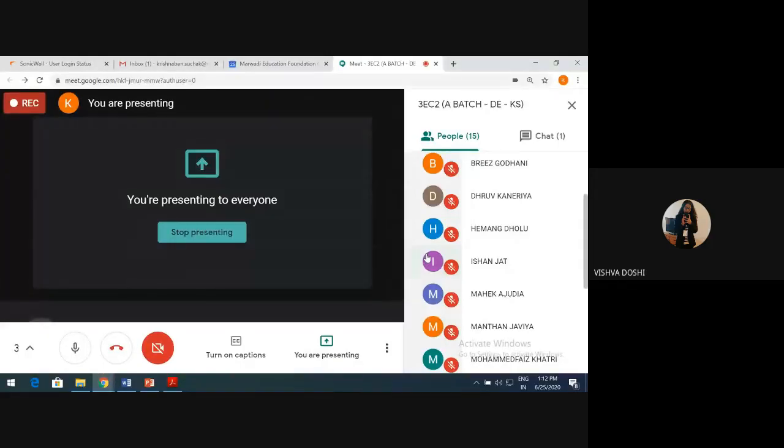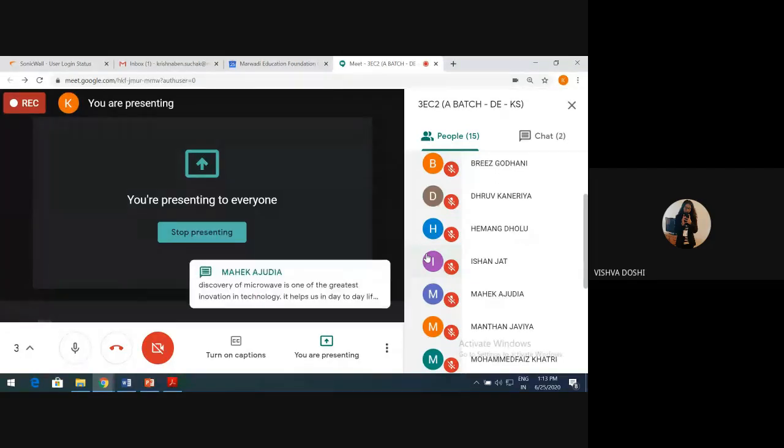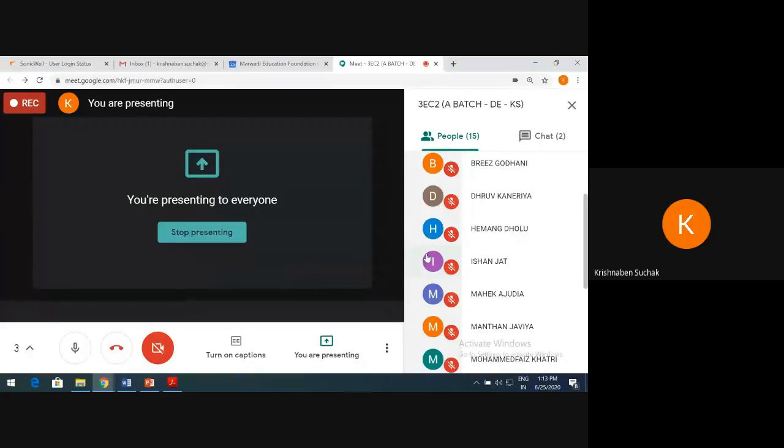It provides two screens, where on one side we can watch a movie or web series, and we can chat too. It also has multiple screens, so we can have the same movie played on multiple screens. Which app is this? Rave, R-A-V-E. Okay, I hadn't heard about it, but it looks good. Thank you, Vishwa.